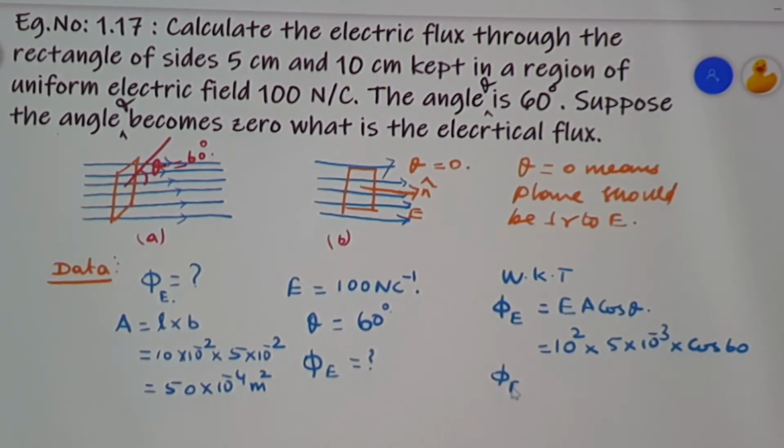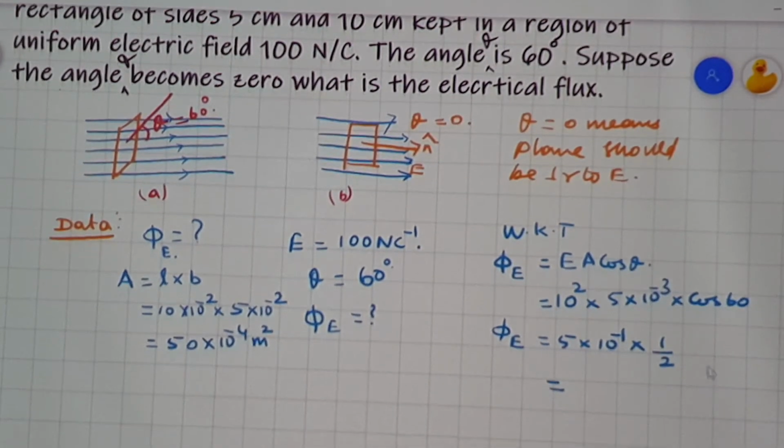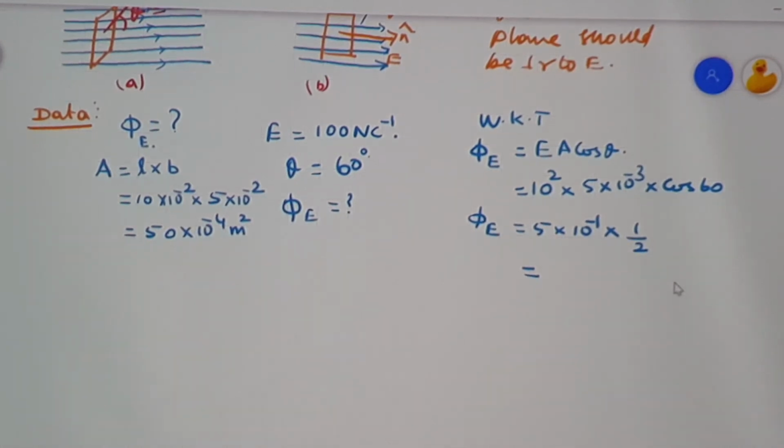So phi E is equal to 5 into 10 to the power of minus 1 multiplied by 1 by 2. On simplifying, you will be getting the answer as 5 divided by 2, which is equal to 2.5 into 10 to the power of minus 1, which is 0.25 Newton meter square per coulomb. This we are calling as electrical flux for the first case.